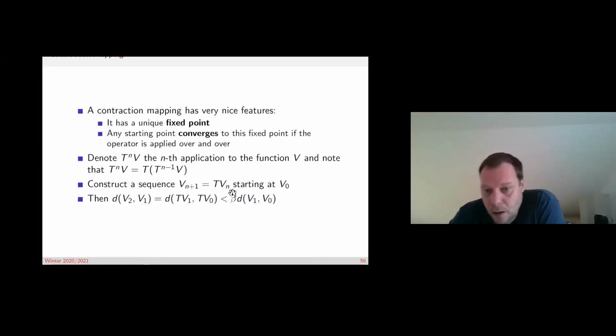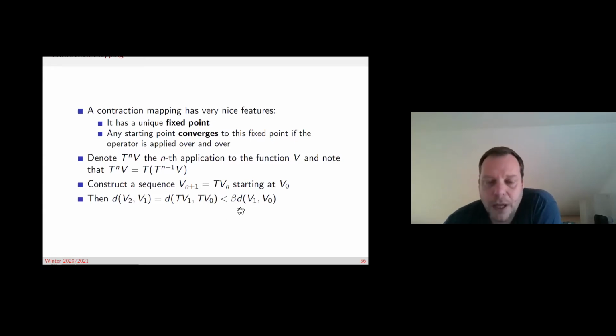And we apply the operator on this function, and then compare the distance between the initial function and the function that results from applying the operator on v0. So this is maybe from a didactic point of view not the best of all notations. So what we have is v0, and we apply this operator on v0. So v1 is T, the operator applied on v0. Okay, and this has a distance.